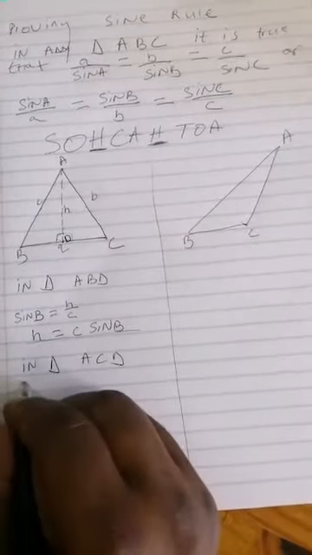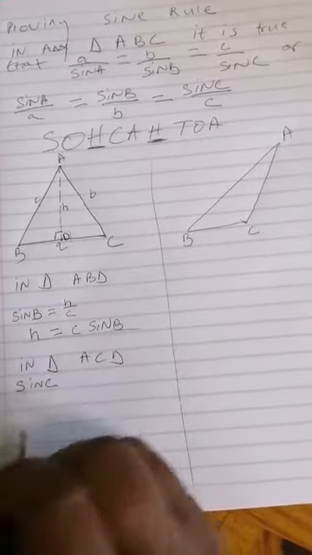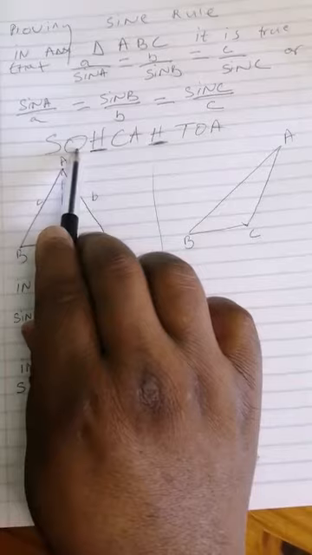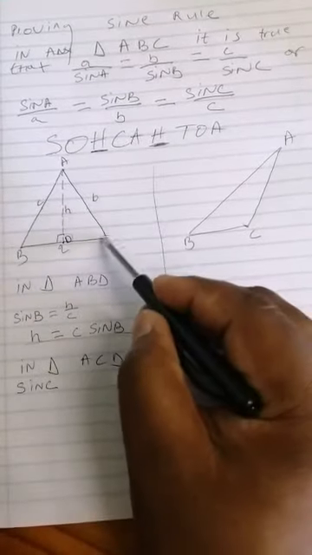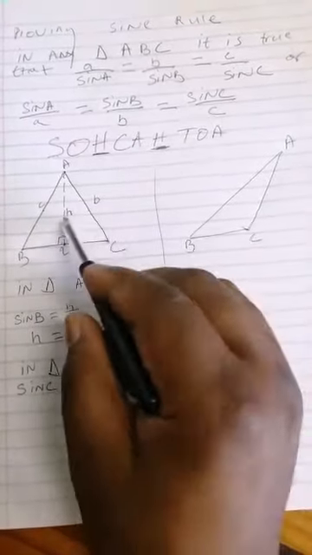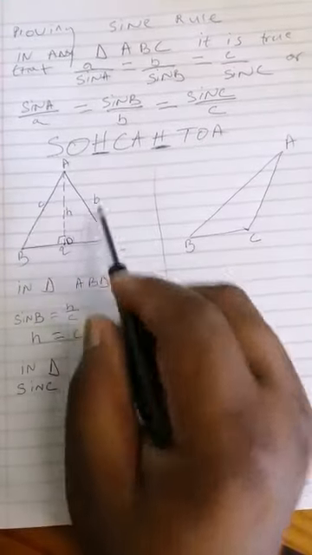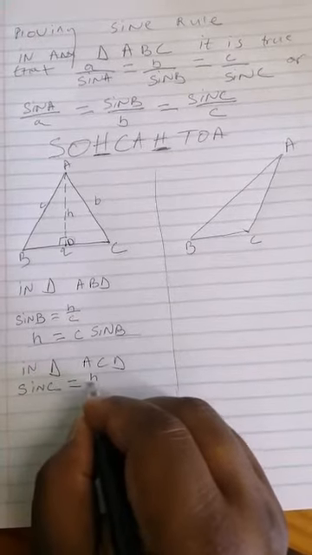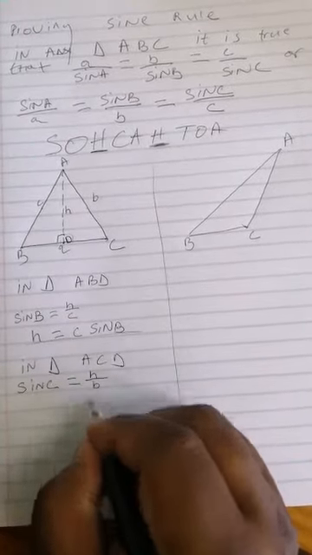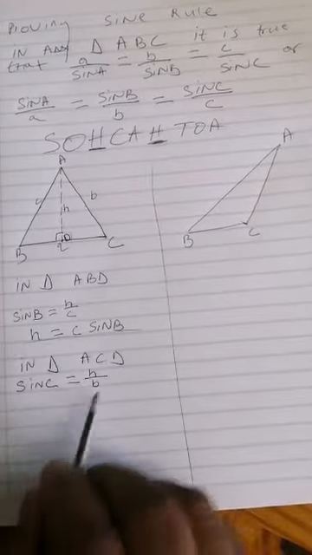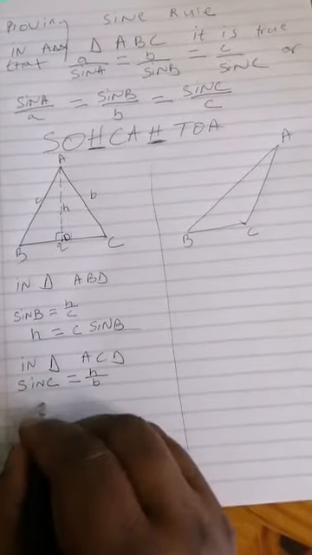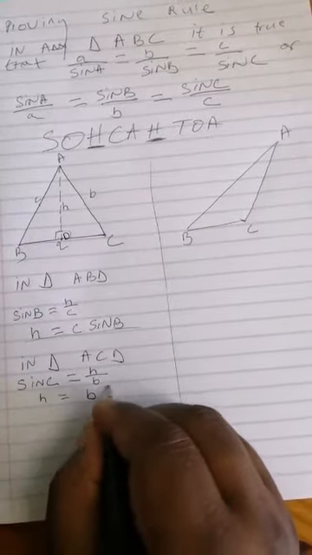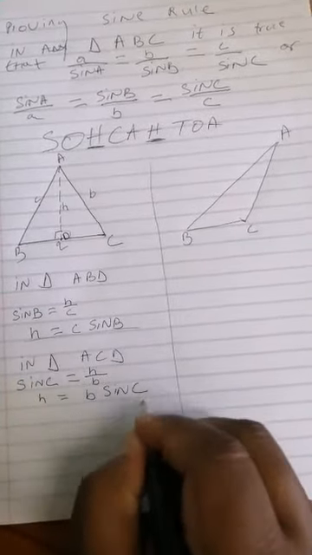So if I'm looking for sine C, it will be equal to, remember sine is opposite over hypotenuse, and my opposite here is h and the hypotenuse is b. So if I'm looking for the height, again the height will be equal to b sine C.